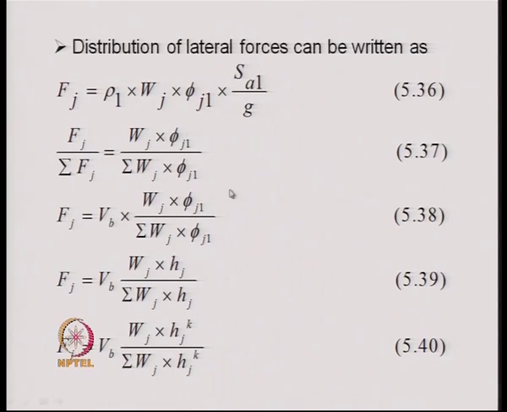So, the lateral load for the jth floor can be expressed as the base shear V_B multiplied by Wj into phi j1 divided by the summation of Wj and phi j1.